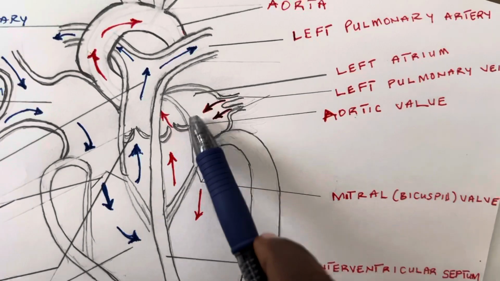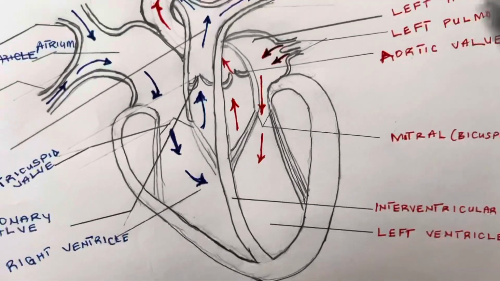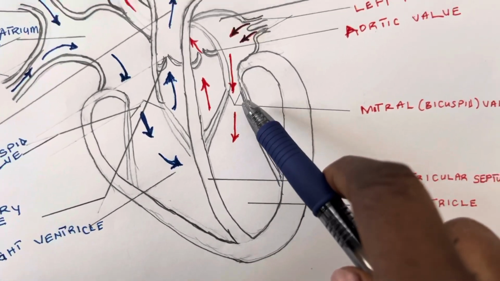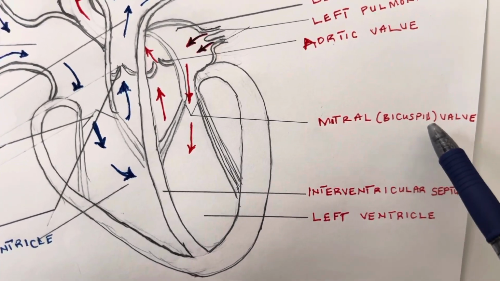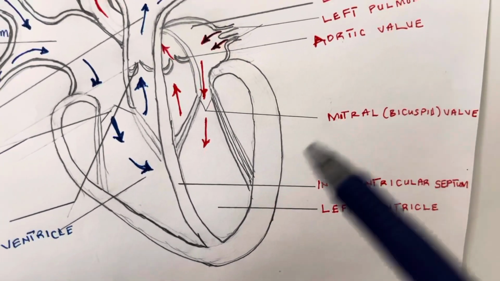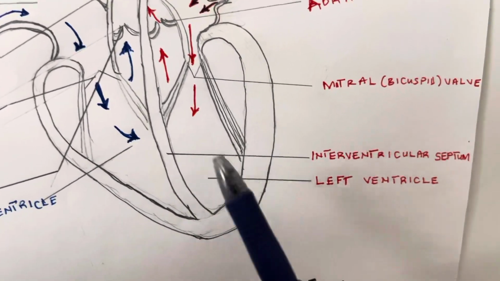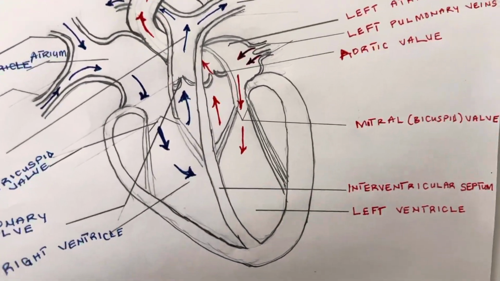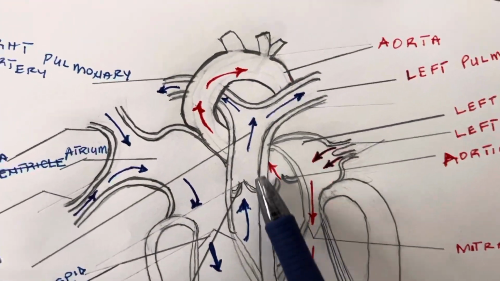So that's my left atrium, and it comes down from the left atrium. The flow is being regulated by what we have here, the mitral valve or the bicuspid valve. And then it comes down to this left ventricle. Blood comes to the left ventricle and is now pumped into the aorta.